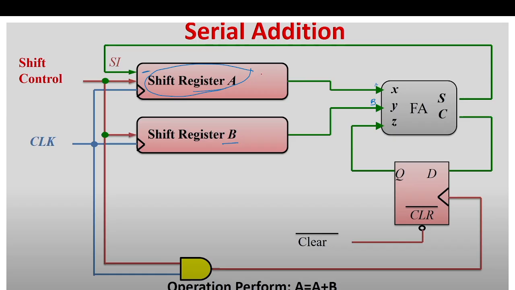Then the carry comes back here, and the previous carry is added to the next bits. So we need a 1-cycle delay, so we have a D flip-flop. Now we want to apply the clock, which is enabled when the shift control is enabled as well as we get the clock. In this way, we can perform the n-bit A plus B using a single full adder.